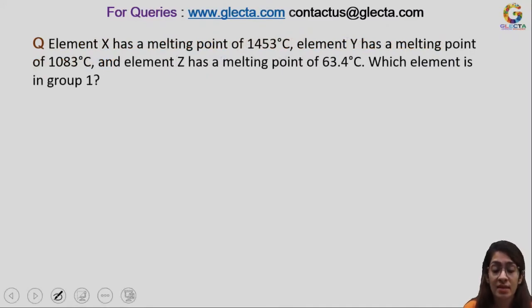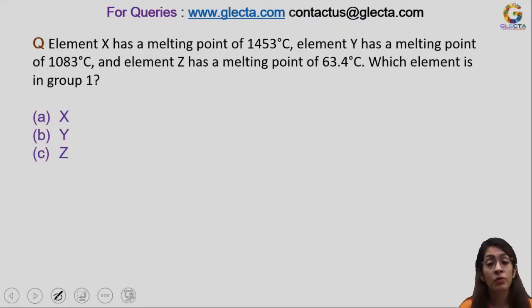Now element X has a melting point of 1453 degrees Celsius, element Y has a melting point of 1083 degrees Celsius, and element Z has a melting point of 63.4 degrees Celsius. Which element is placed in group 1, X, Y or Z? Now you know that group 1 are all the metals, and 1453, 1083 and 63.4.